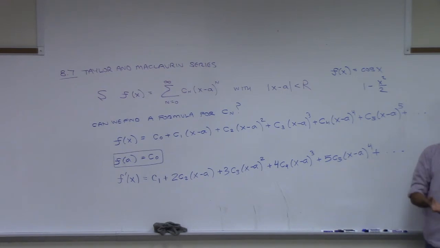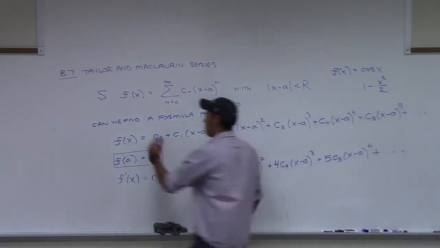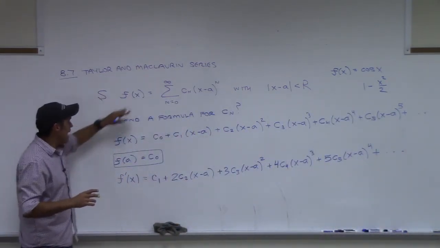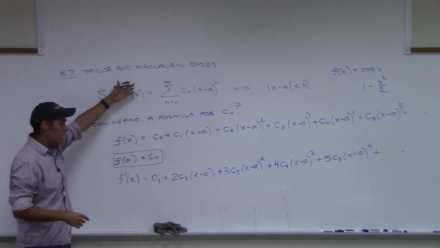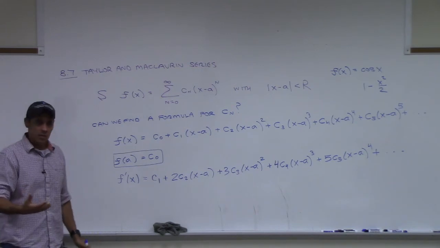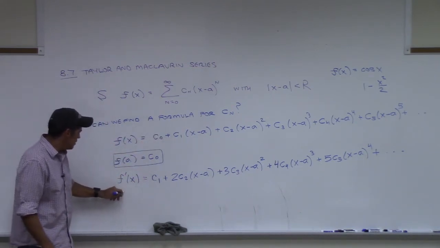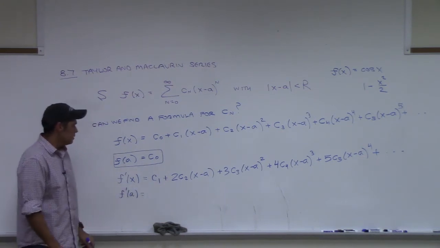Then their derivatives need to match, and then their second derivatives need to match, right? That's exactly what I'm doing here. I'm saying, look, I want this function to match. When I plug in a, I want it to match the function, right? Now I want the derivatives to match. So I take the derivative of the function, and now, being very clever, I'm going to say, what is the derivative's value at a? It's just c sub 1.